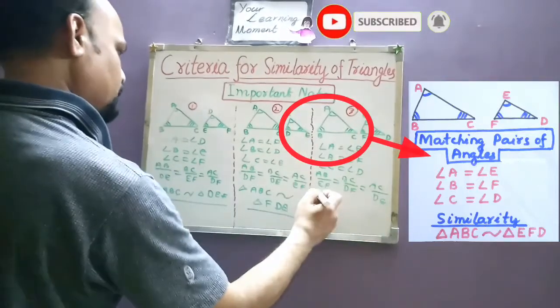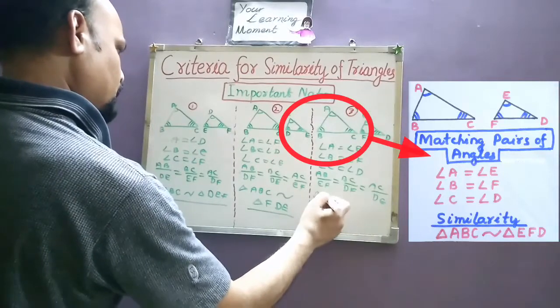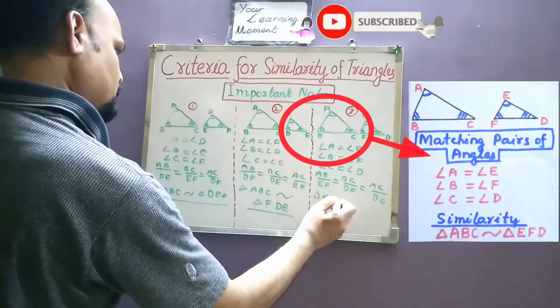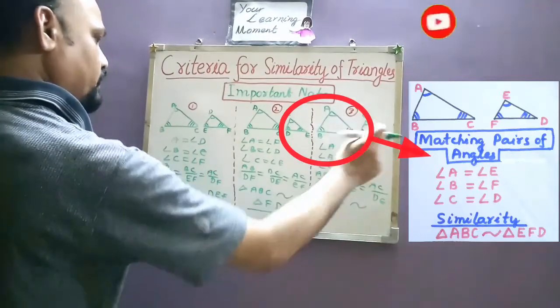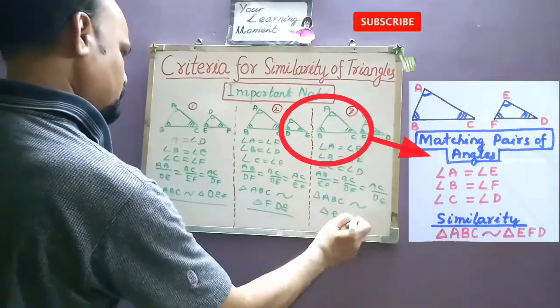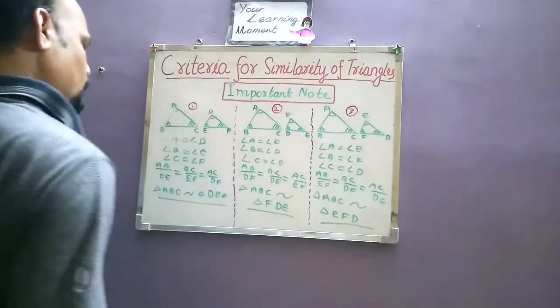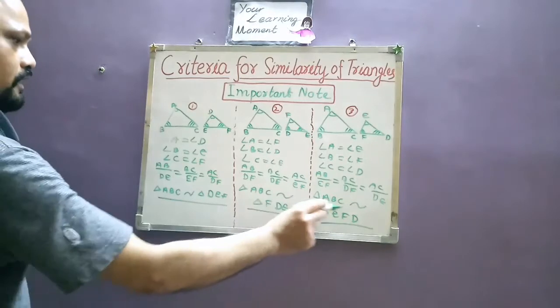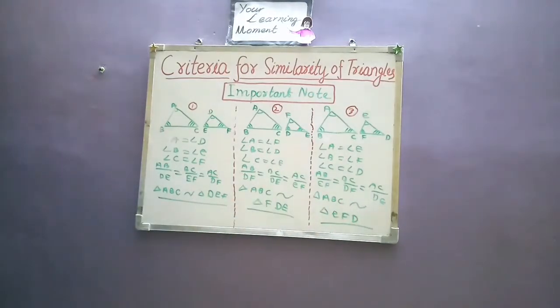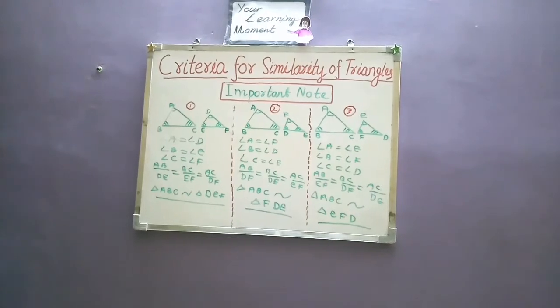Hence, triangle ABC is similar to triangle EFD. What do you observe now? The order of corresponding matching pairs in a pair of similar triangles determines the names of these similar triangles.